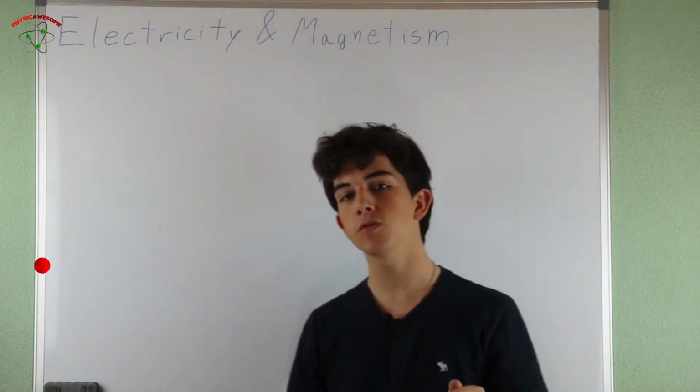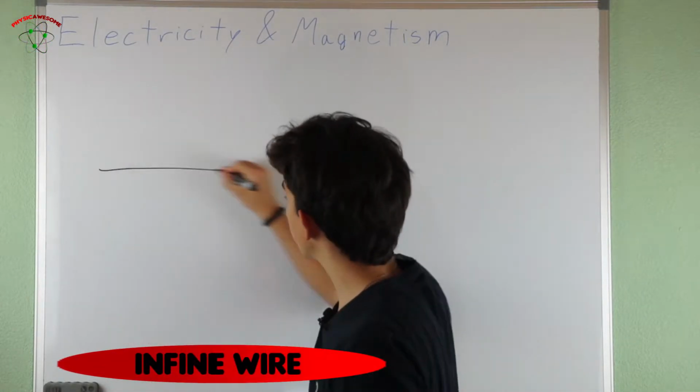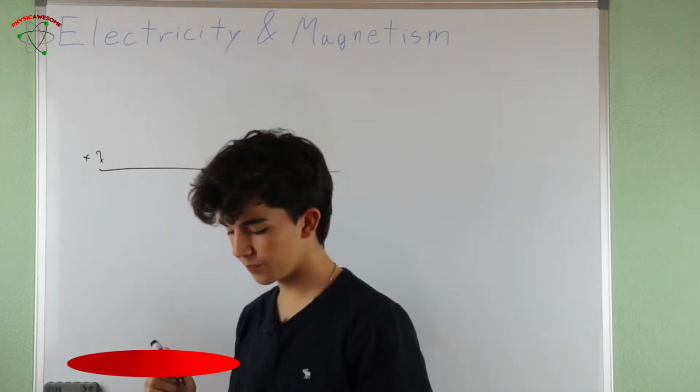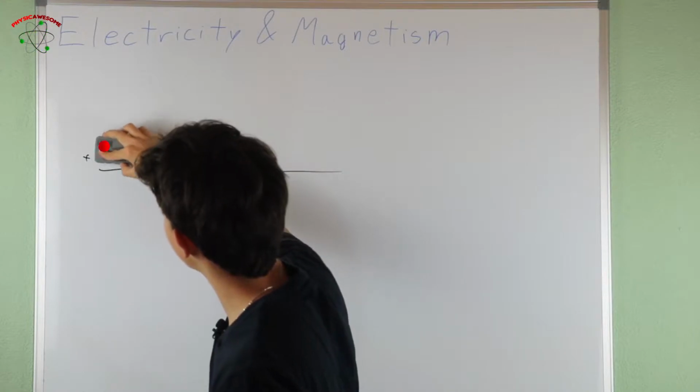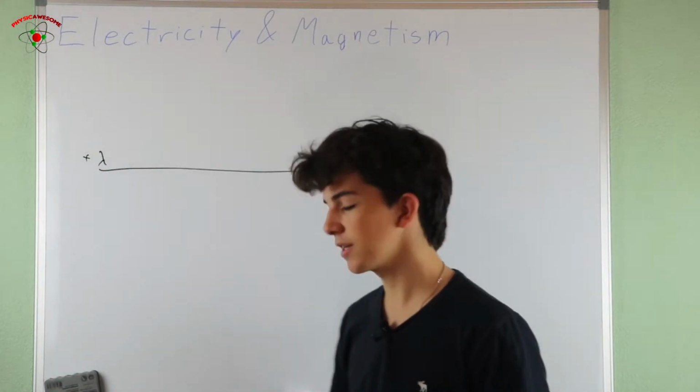Great, let's start with the case of the wire. Imagine we have this infinite wire with a positive charge density lambda. That's not quite a lambda, I'll redraw it. That looks a lot more like it.